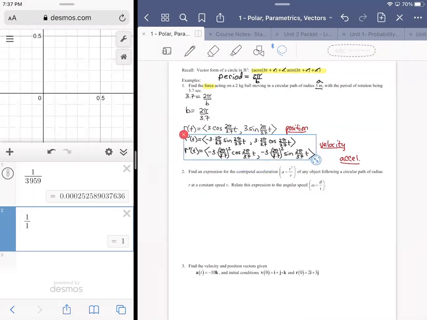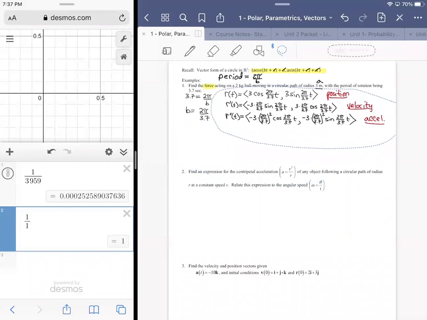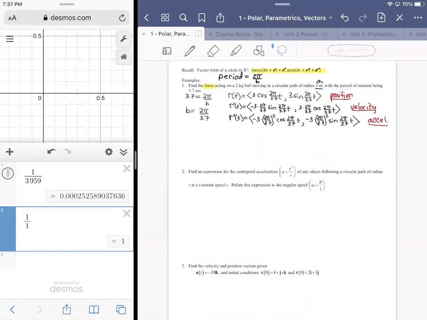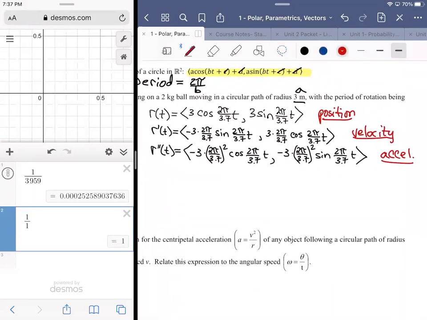And then once I do that, I can multiply that by the mass, and then I'll have the force. All right, so you just got to kind of grin and bear it, because the magnitude of acceleration, even though it's actually not challenging, it is a little daunting to look at.